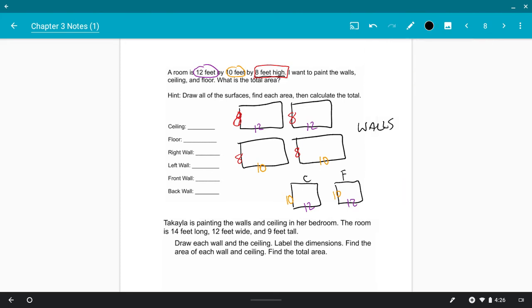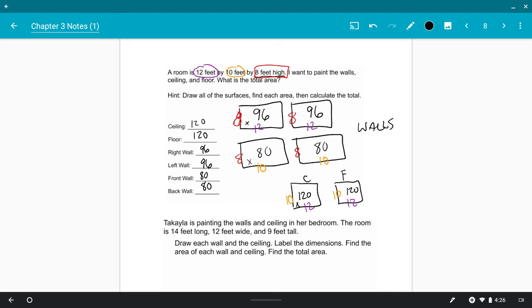So 8 times 12 is 96. So that means this is 96. And then 8 times 10 is 80. So that means this is 80. And then 10 times 12 is 120. So that means this is 120.